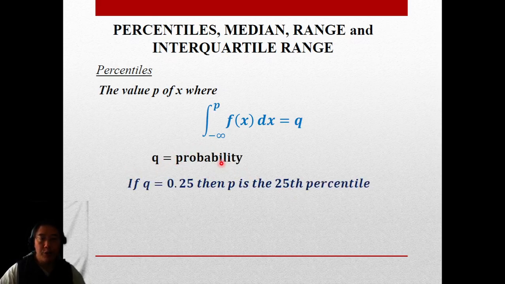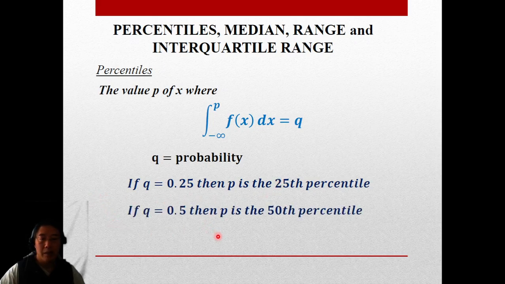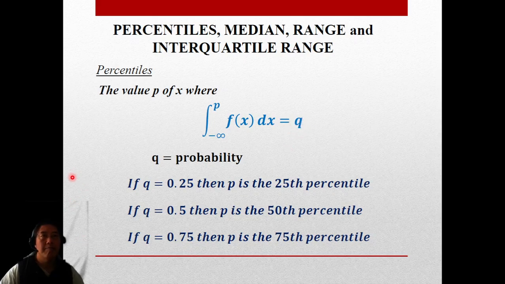So here we go. Q is a probability. Again, it's a decimal that represents a percentile, or a fraction over 100, and so on. So we have your 50 and 75, and respectively you have those values for Q. You will use a CAS to solve that in most situations.